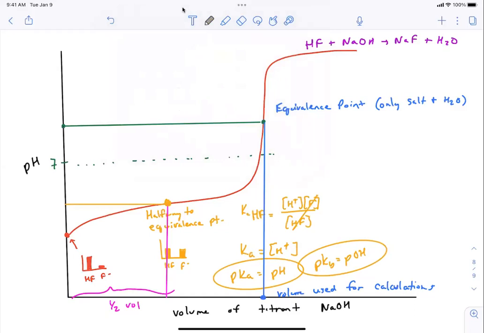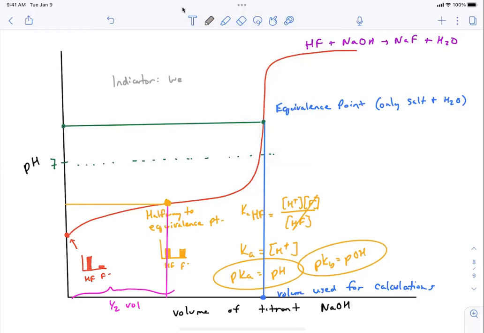Now, one of the ways that we can get a visual cue to let us know that we're getting close to the equivalence point is what we call an indicator. Okay.